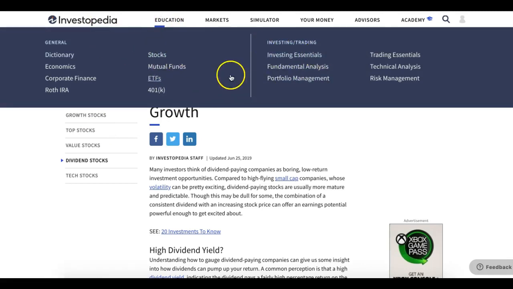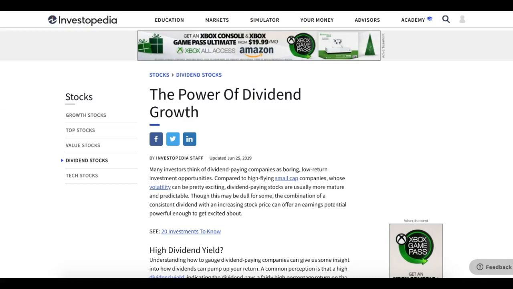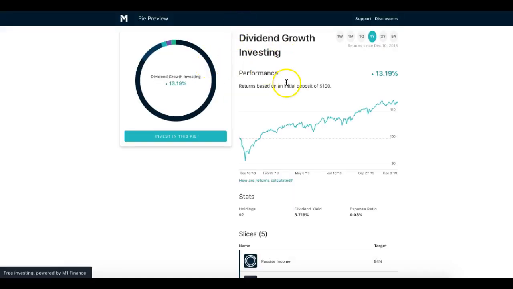And then once you know what the topics are, you can make your own decisions on which direction you would want to go in. For me personally, I've chosen to go the dividend growth investing route for my long-term investing.